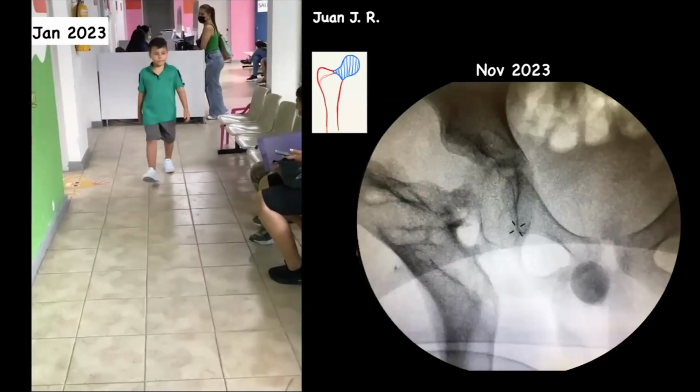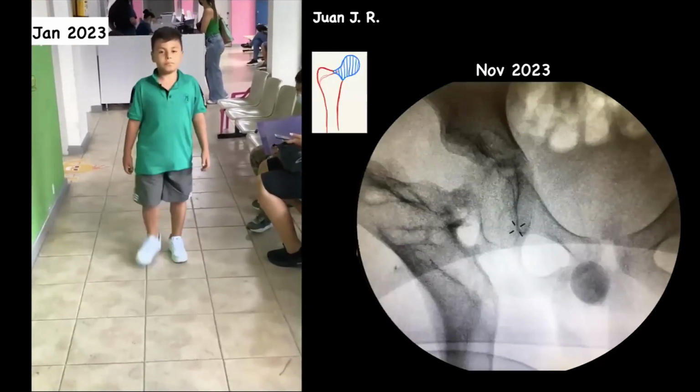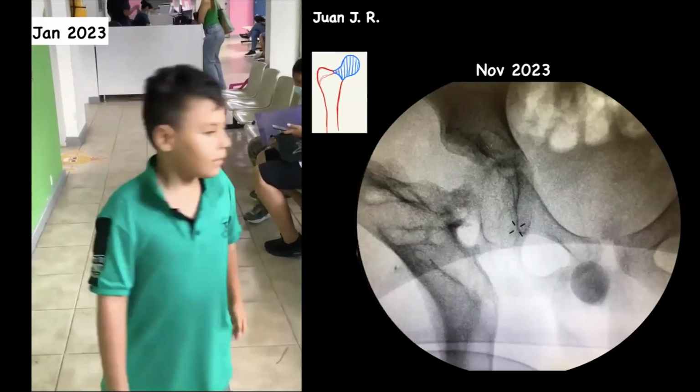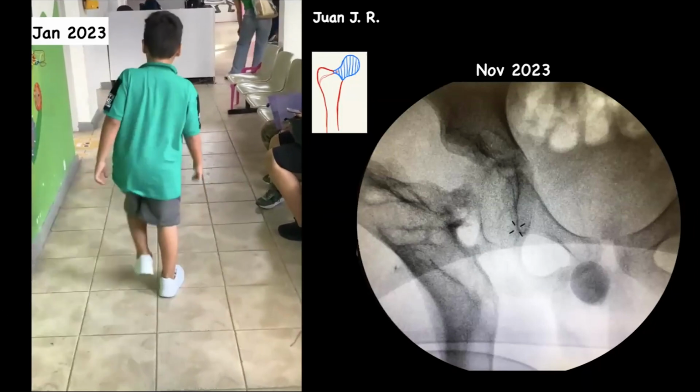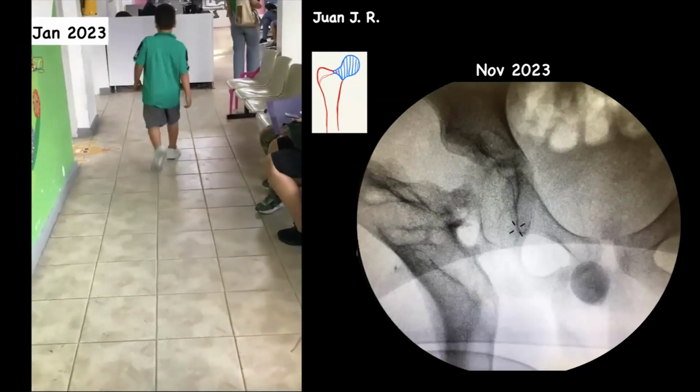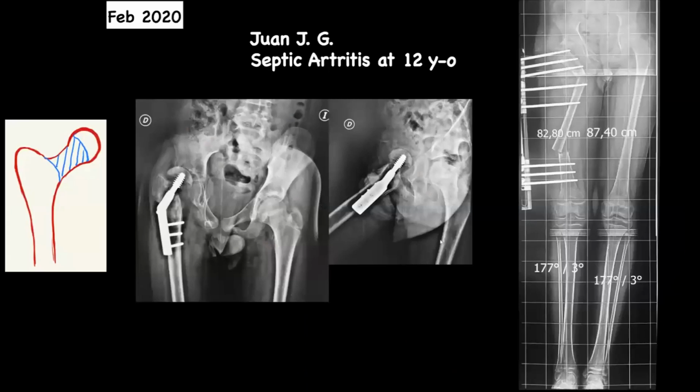That's the moment when we took out the plate, and the patient walks without pain, though it's not a normal gait. The patient doesn't have a gluteus medius normally, but it works.